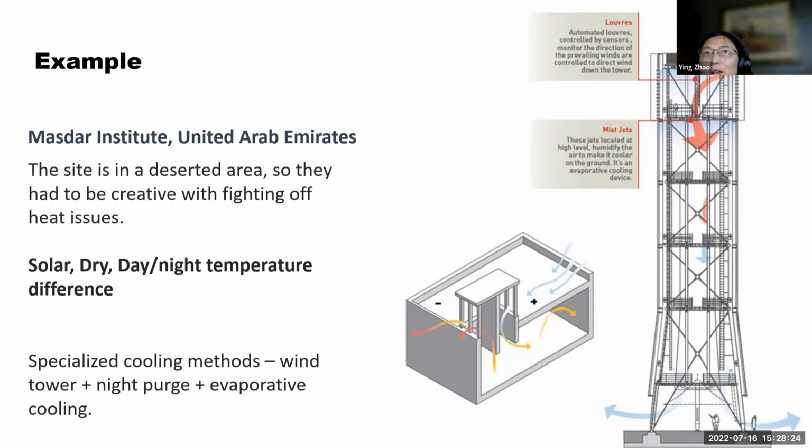So the architectural design is not just architects making it look good, but all of it is combined with analysis of energy and performance. So all the shape has been determined based on this analysis.